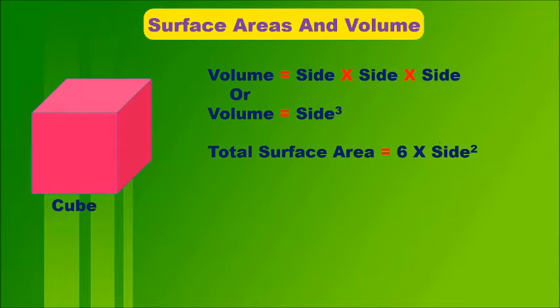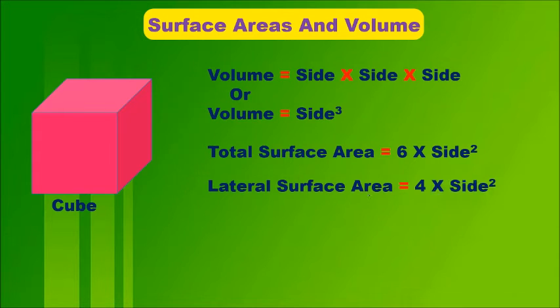As I have already explained, all the surfaces of a cube are squares, and area of one surface will be equal to side into side, or we can say side square. So it contains 6 surfaces, hence the total surface area of this cube will be equal to 6 into side square. Next formula is lateral surface area.